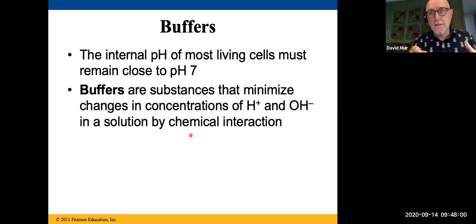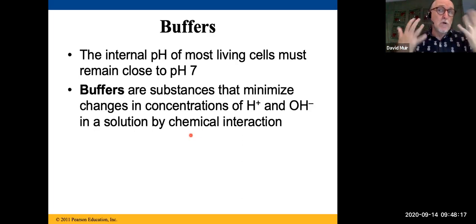Substances which do that inside cells are called buffers. And buffer systems are tremendously important in biological systems because they keep the pH within a narrow range. There are all sorts of processes taking place in metabolism which could cause things to become more acid than they should be.